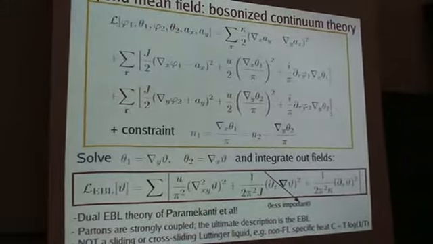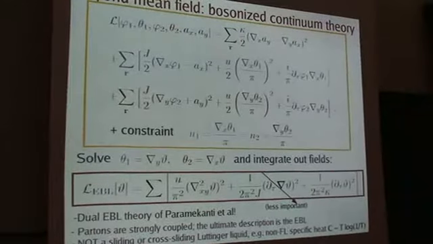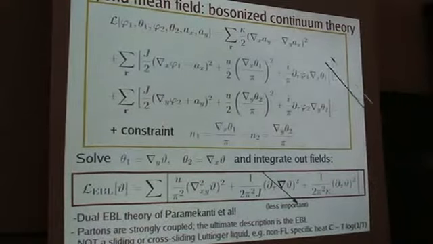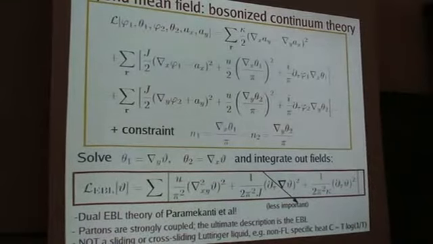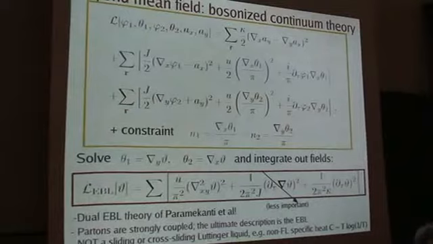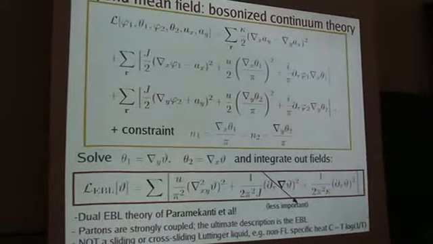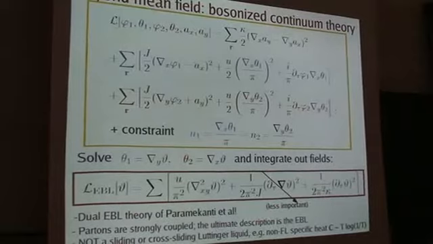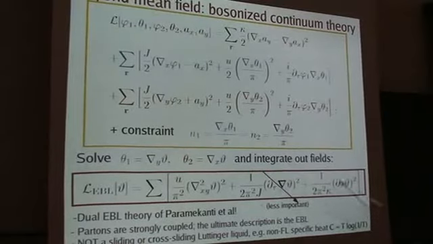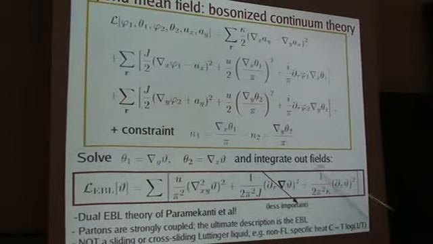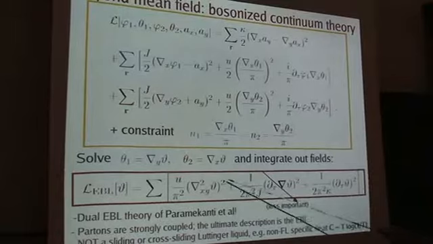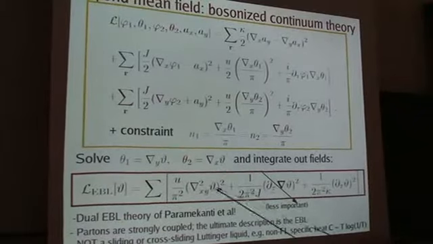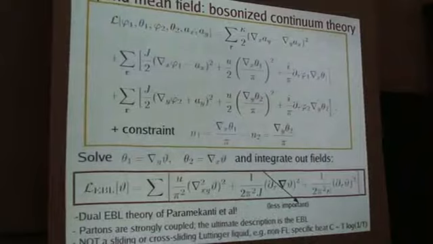Okay? And I want to make a few remarks here. First, even though these manipulations are very simple, there is no sense in which these partons are free particles. Partons are very strongly coupled in this theory. The ultimate simple description is in terms of this varTheta field, which is equivalent to EBL.